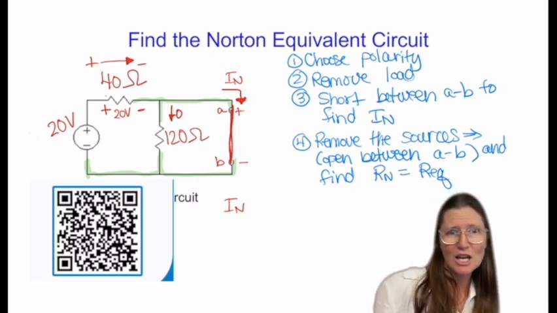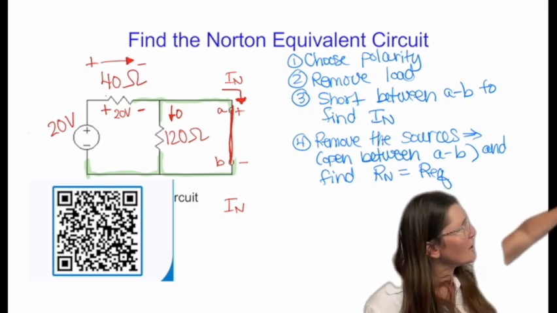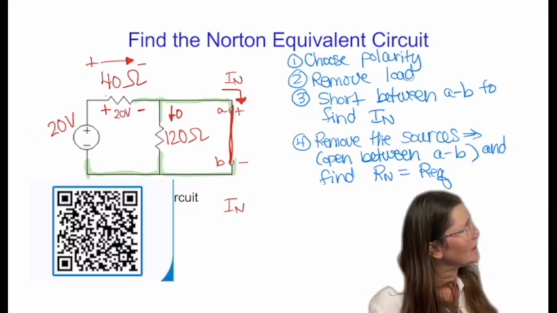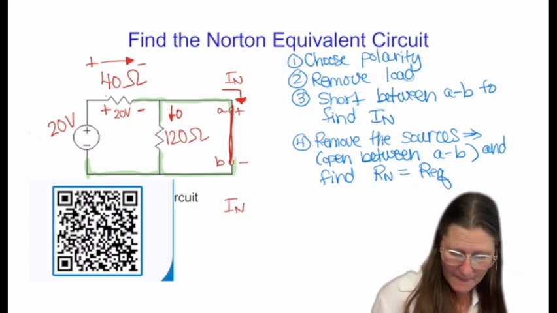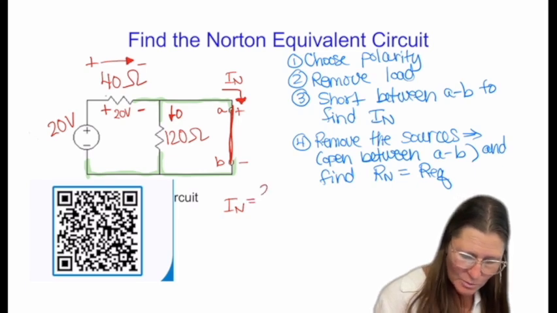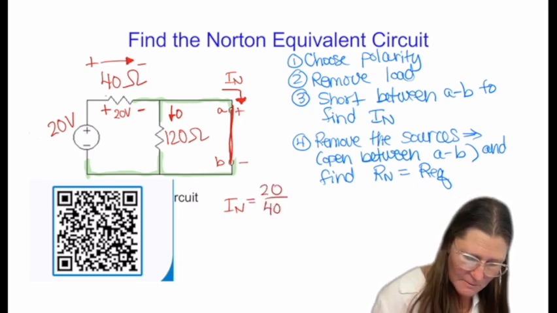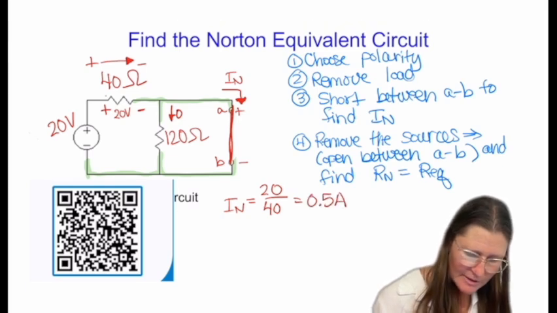Do understand that it does short the branch, but there's still a source in there which is going to force current to flow. So in this case, it will be 20 divided by 40, for the 0.5 amps, which is the same.